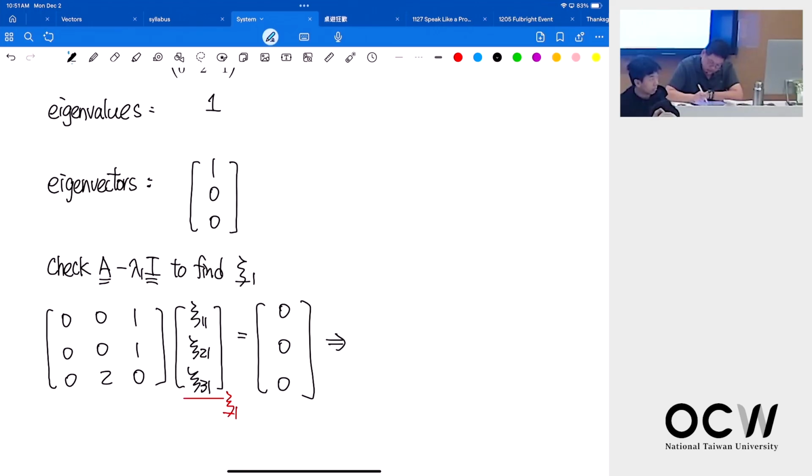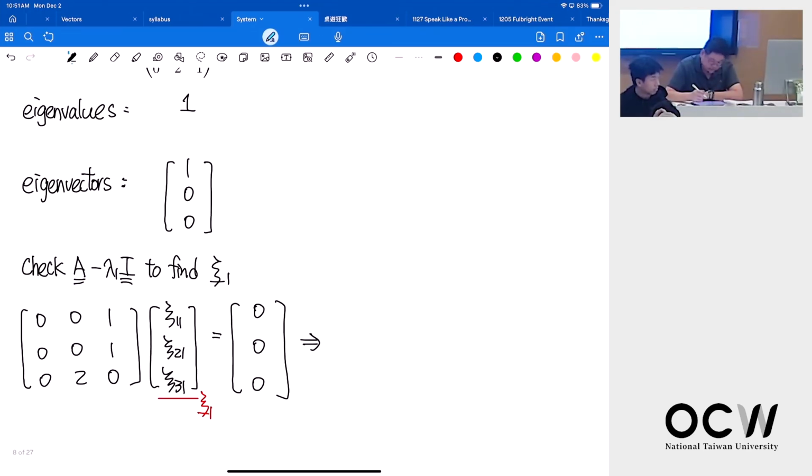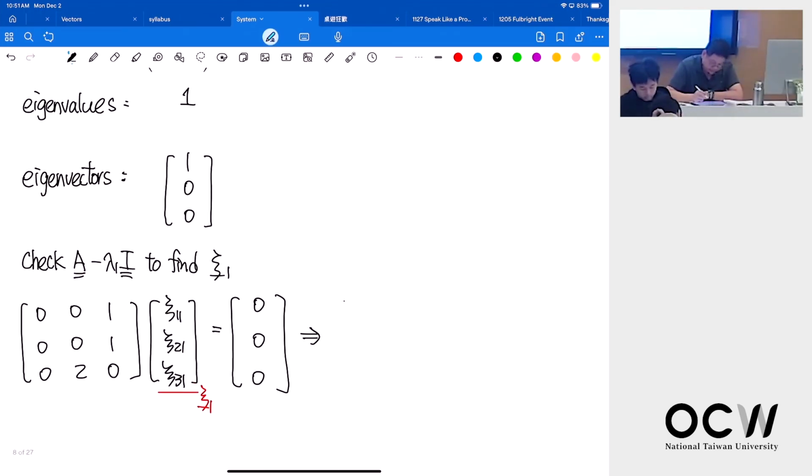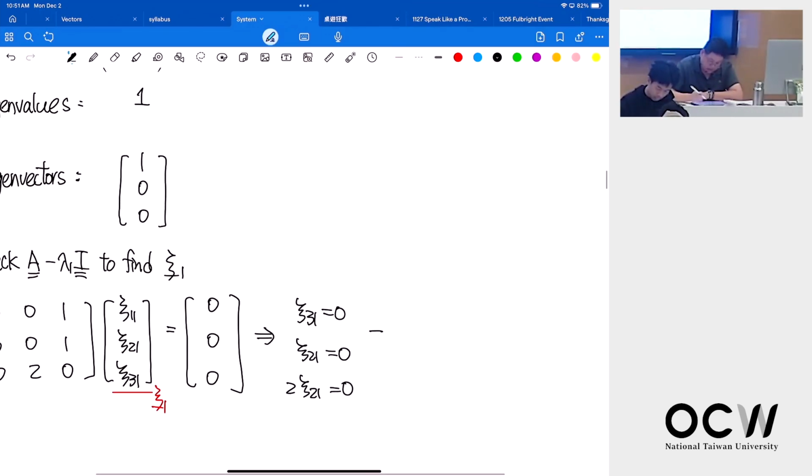In this case, the first row gives c3 equals 0, the second row c2 equals 0, and the third row 2 c2 equals 0. Then we get c2 equals 0 and c3 equals 0.